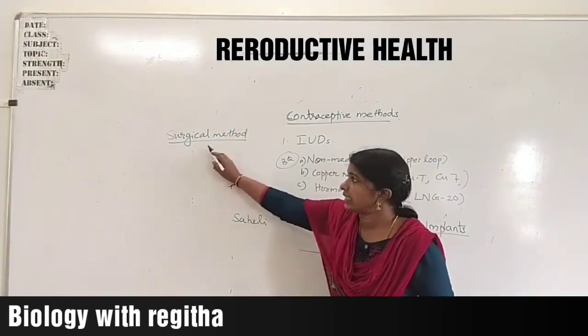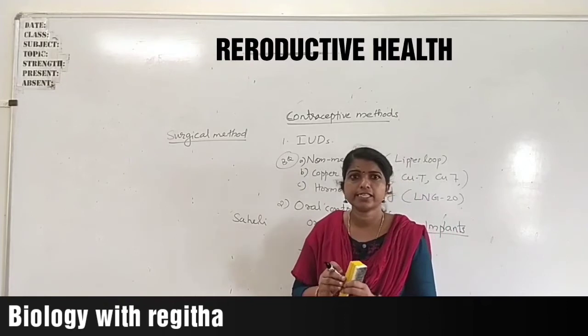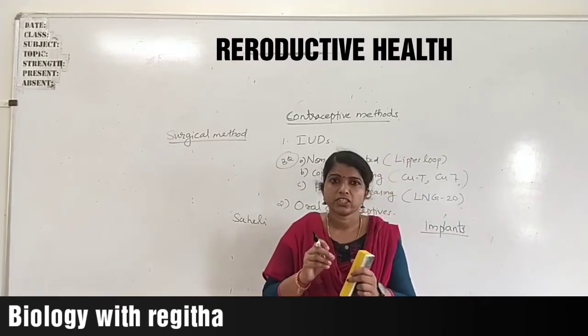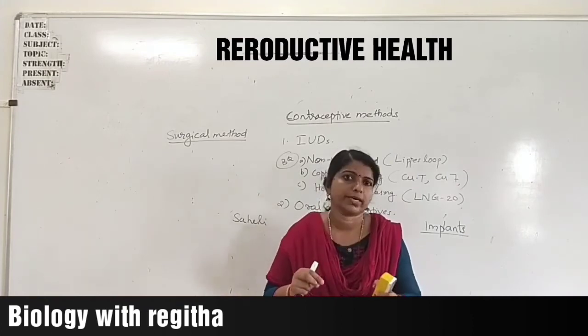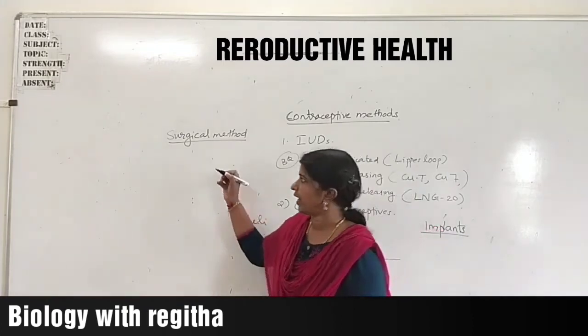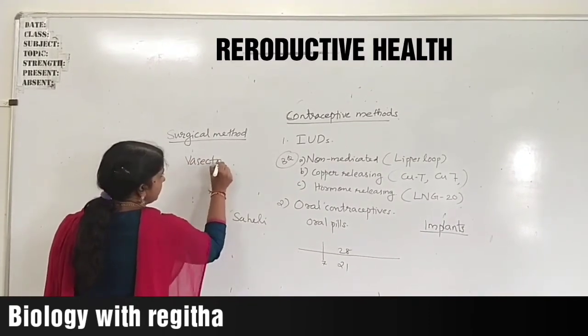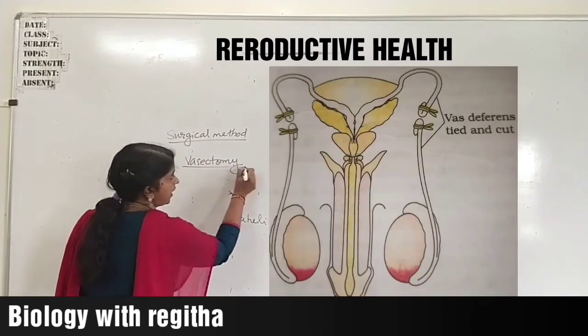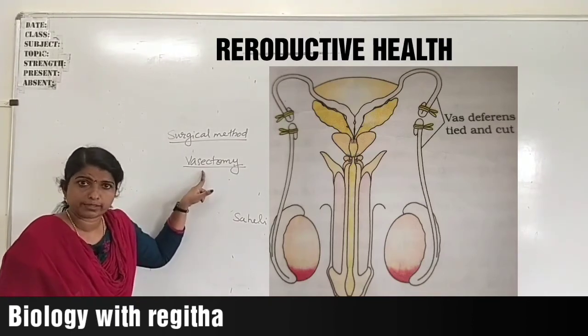So in the surgical method, a small part of the vas deferens in male is either cut, just remove that part, or tied together, and in male it is known as vasectomy.